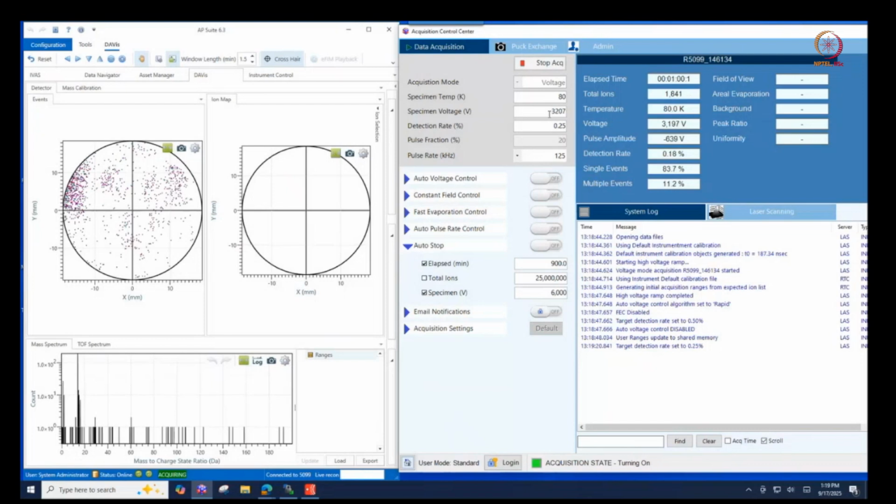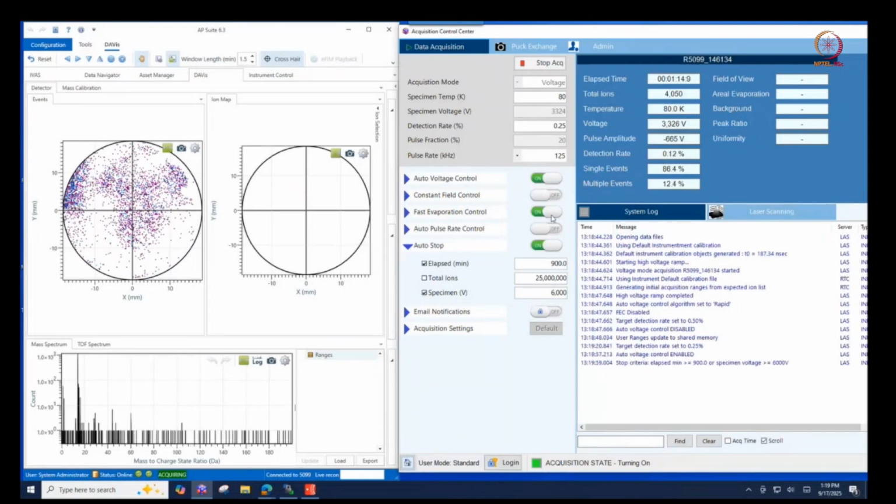So I am increasing my voltage and waiting for the atoms to get detected. You can see now that a peak has appeared in the mass spectrum as well as a bunch of purple dots, which means some atoms are getting field evaporated and detected on the detector.